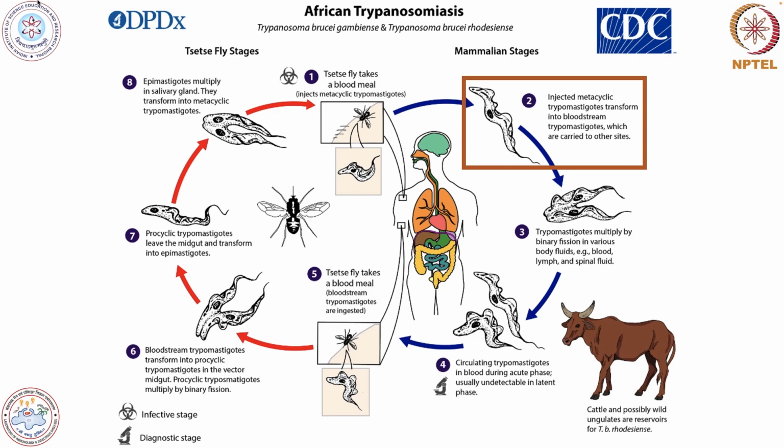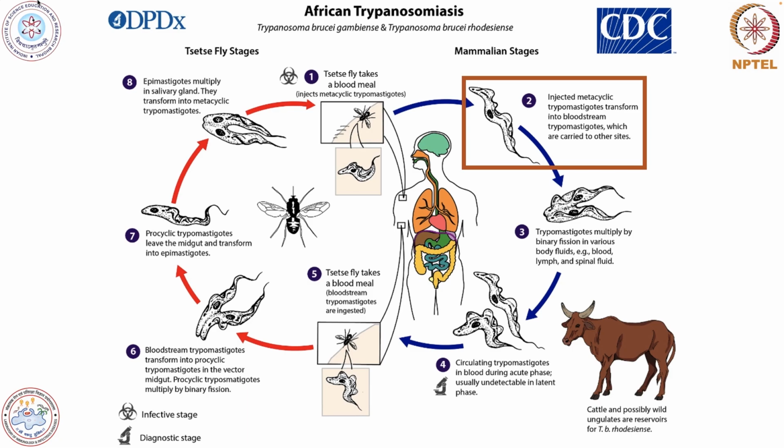It can be present in lymph and in cerebrospinal fluid, and there they undergo multiple binary fission divisions. The entire life cycle of the African trypanosome is represented by extracellular stages.